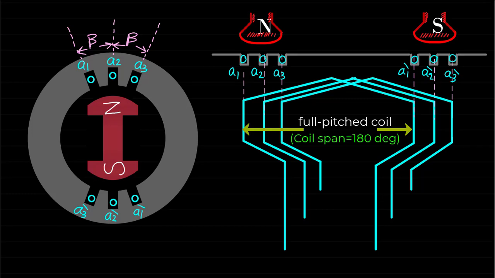Now let's assume that the slot angle beta of these distributed coils is equal to 20 degrees electrical.